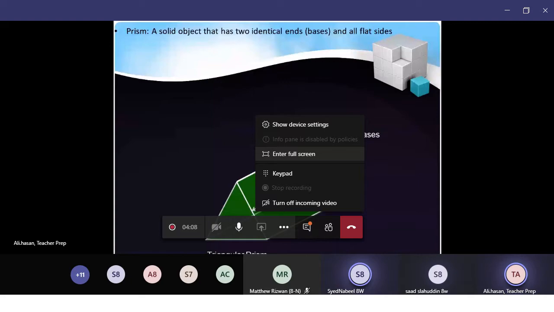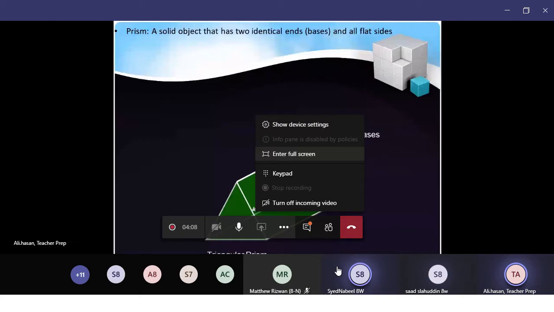Now see the two bases. Aren't the two bases identical? Can you see the two bases? Are they identical? Yes, sir, they are identical.